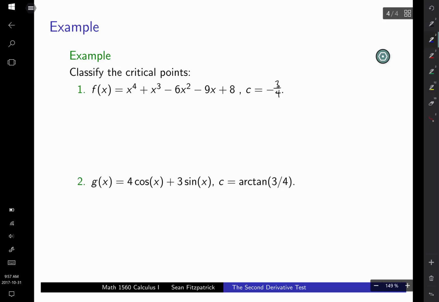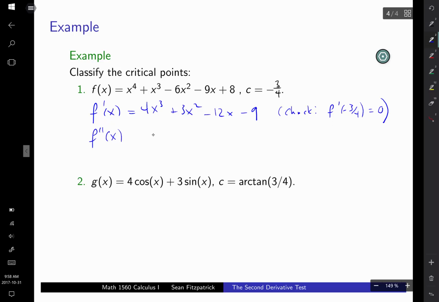Right. So the first one, we've got this degree 4 polynomial, and we want to classify this critical point. So we need our derivatives, so we calculate f prime, 4x cubed plus 3x squared minus 12x minus 9. And I'll leave you to check that f prime at minus 3 over 4 is indeed 0.